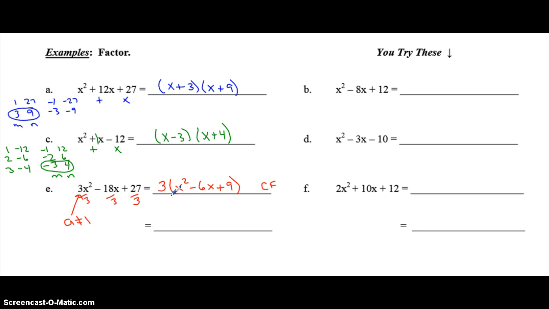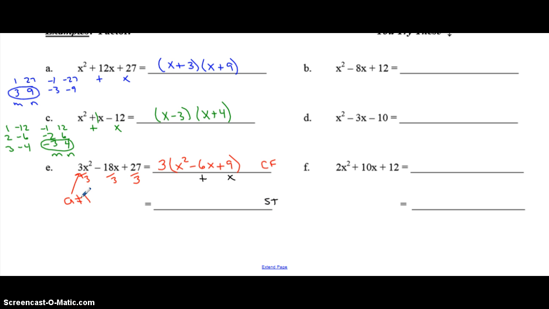Now inside here you have a simple trinomial. So what multiplies to 9 and adds to -6? Well, if it multiplies to +9, it's 1 and 9, or 3 and 3. But it has to add to -6, so really these numbers have to be negative, because don't forget, two negatives multiplied together also gives you a +9.